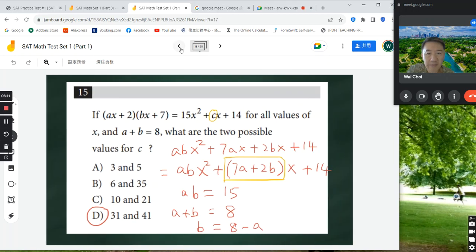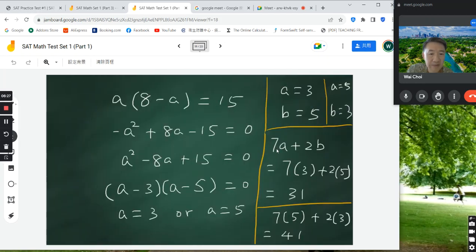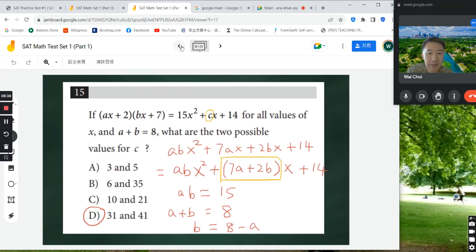And then remember, we're going to make use of this expression that we have put inside the yellow box, which is equal to c. So 7 times a plus 2b is equal to c. What is c now? 7 times 3 plus 2 times 5, which is 31. So one of the values for c is 31.